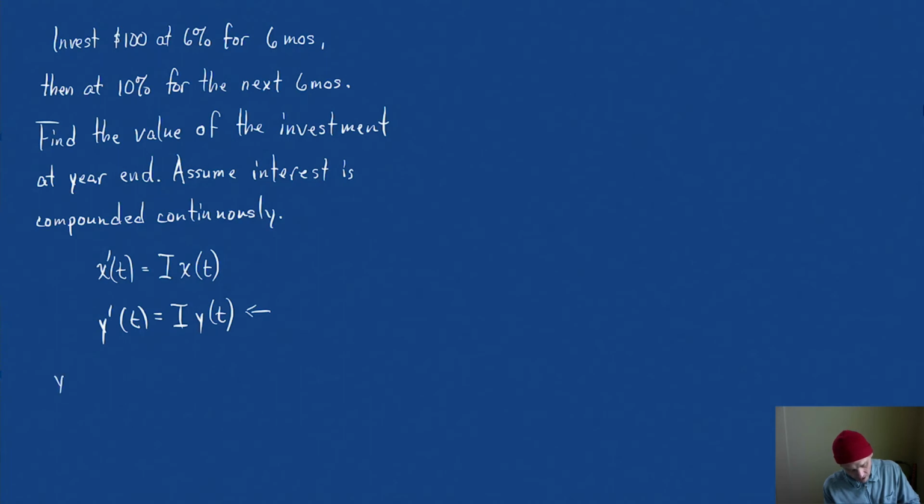That's just y of t equals some initial condition, y of 0, times e raised to the 0.06 times t. That's where we start. Now, notice that what it says, our initial condition is that y of 0 is $100.